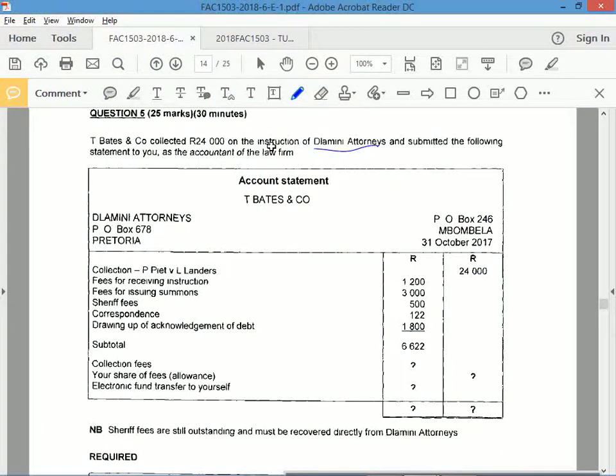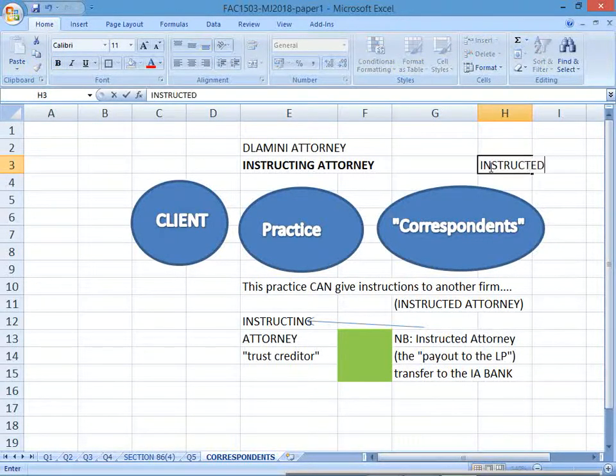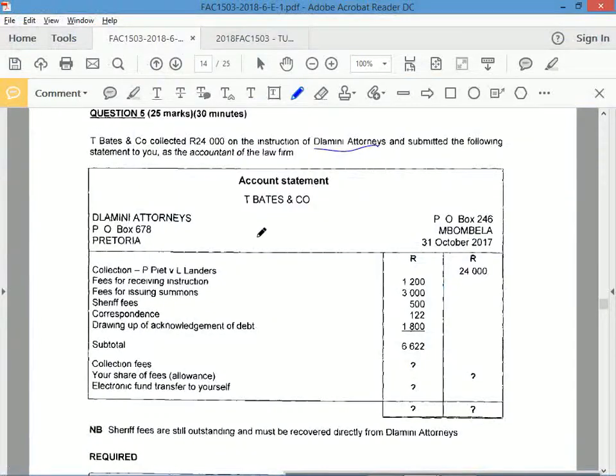Bates and Co. is the instructed attorneys, so we need to write that down here. They're the correspondents. Okay, so the instructed attorney, Bates and Co. There we go. Right, and then we're obviously representing a client. Our client is P versus L.